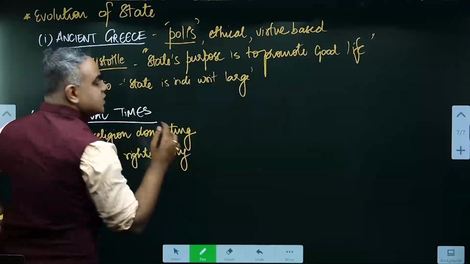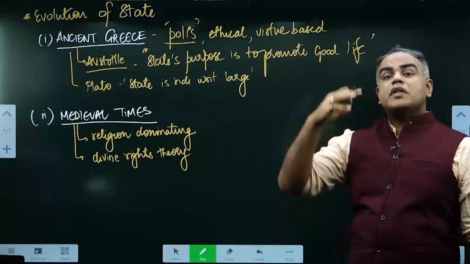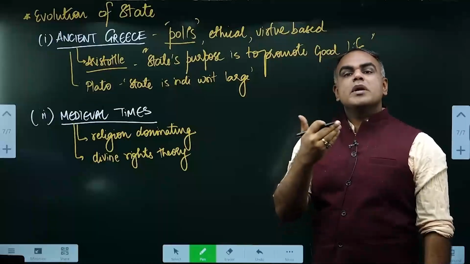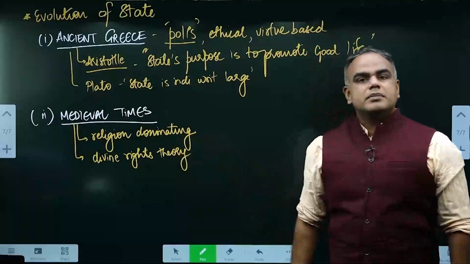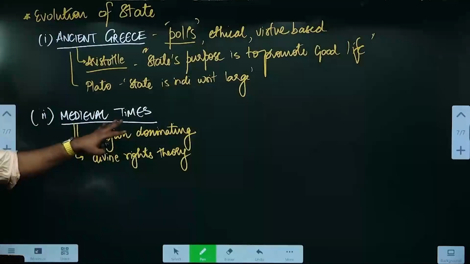The king was the embodiment of the divine. So people had to obey the king because in that sense they were obeying God. Things like this had come. So the role of the state is going to transform, especially in the medieval times.